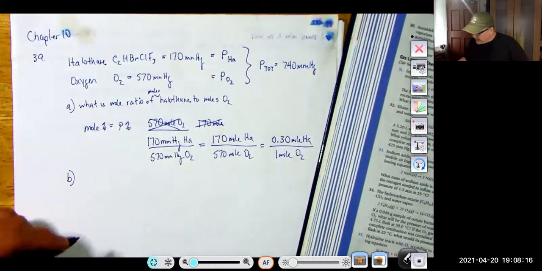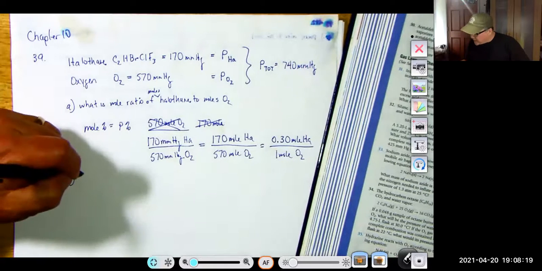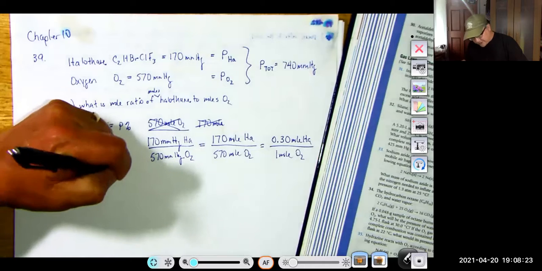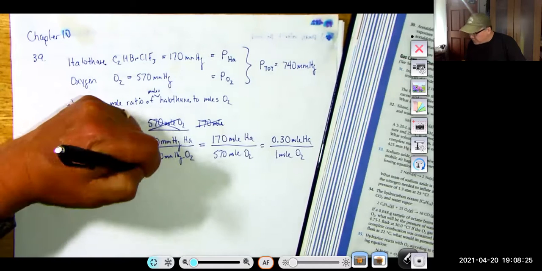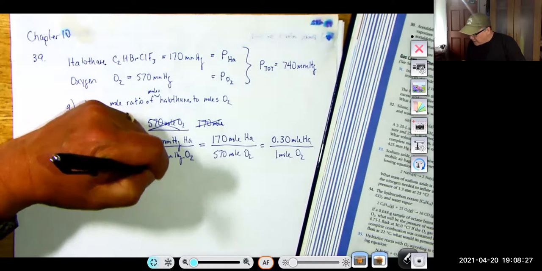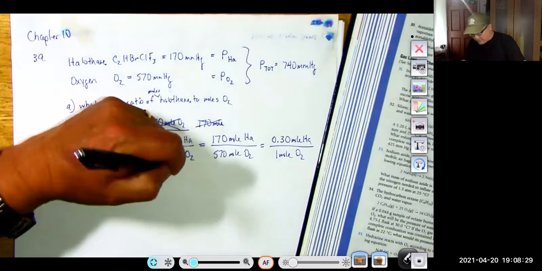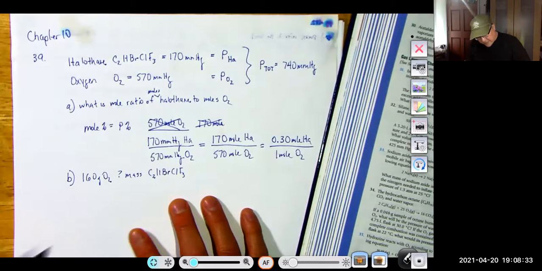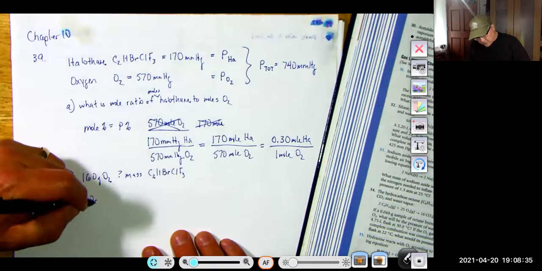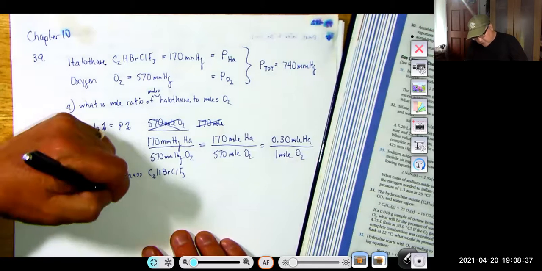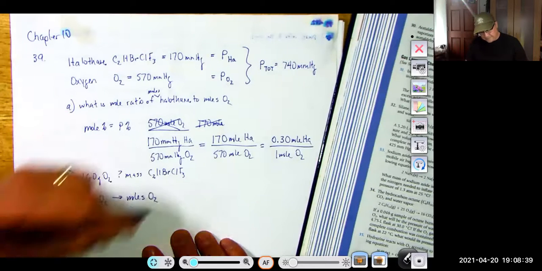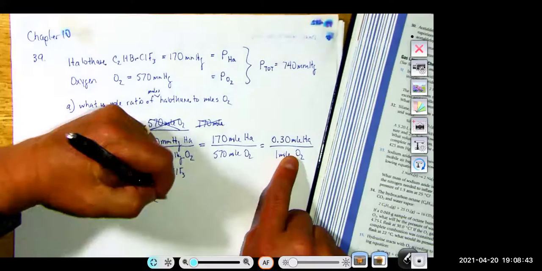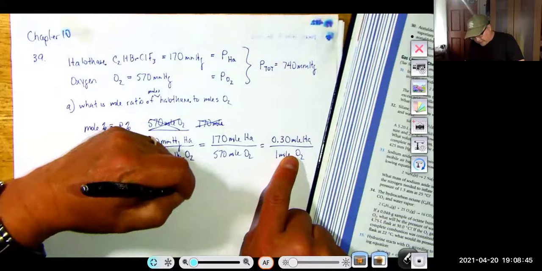So with B, if the tank has 160 grams of O2, what is the mass of C2HBrClF3, or the halothane? Couldn't we take that 160 grams of O2, turn that into moles of O2, use this mole percentage and get the moles of halothane?